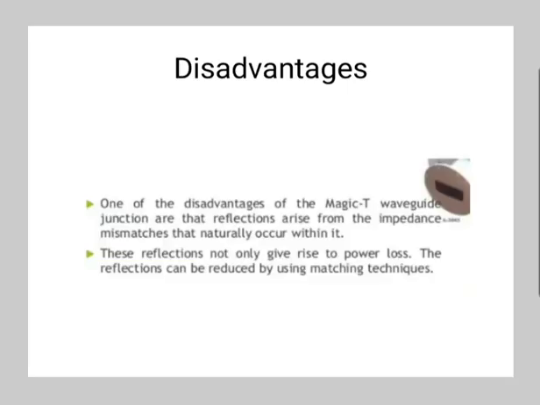The magic tee can be used in the form of a bridge, with the microwave source connected in arm 3 and the null detector in arm 4. The impedance which is to be measured is connected in arm 2 and a standard variable known impedance in arm 1. By using the properties of the magic tee, the power from the source A is equally divided between the two arms.